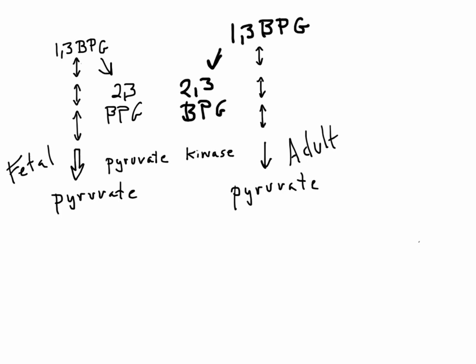This means that adults have more 2,3-BPG than a fetus. So, since 2,3-BPG inhibits oxygen binding to hemoglobin, in fetal erythrocytes there's a higher affinity for oxygen than in adult erythrocytes, and therefore oxygen is effectively transferred from a woman's erythrocytes to her fetus.